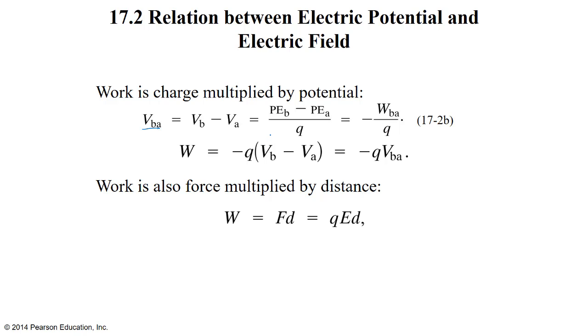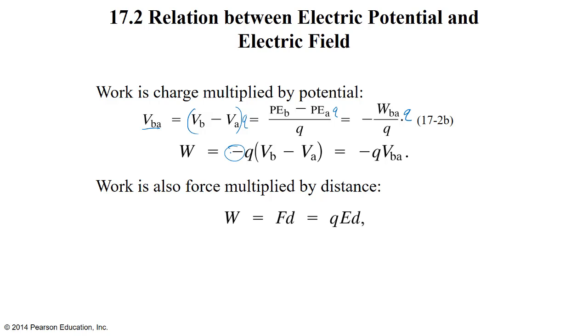Well, if we just go ahead and multiply every single term in here by Q, we multiply that by Q, we multiply this by Q, we multiply this by Q, then what we have is work equals Q times (VB minus VA).